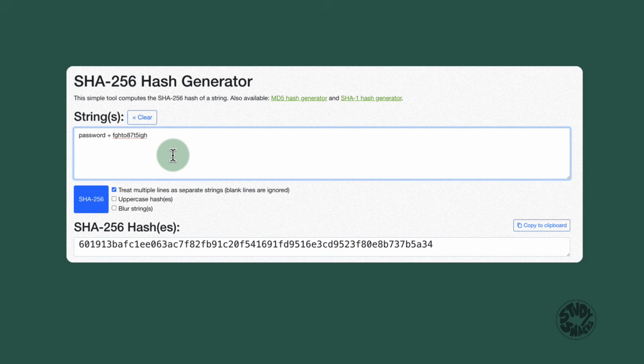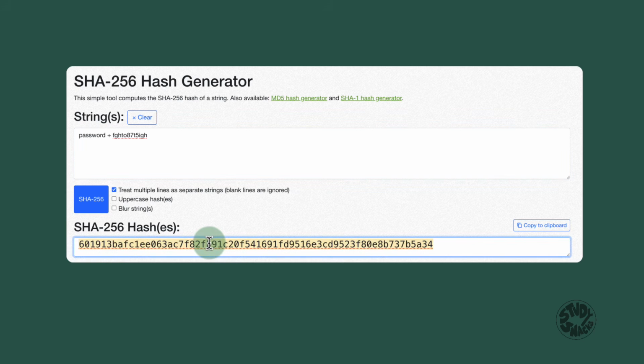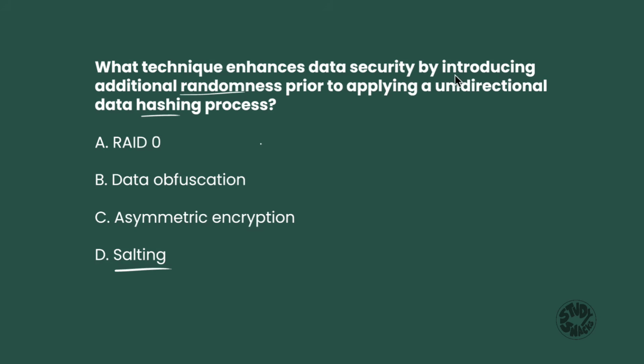This is significant because imagine if you were the attacker and you got this hash, even if you were able to go backwards, you wouldn't know what's part of the password and what's part of the salt, as we call it, which is this random string of numbers and letters that's going to introduce some randomness. Going back to the question, when we introduce any randomness before doing the hash, that's called salting.